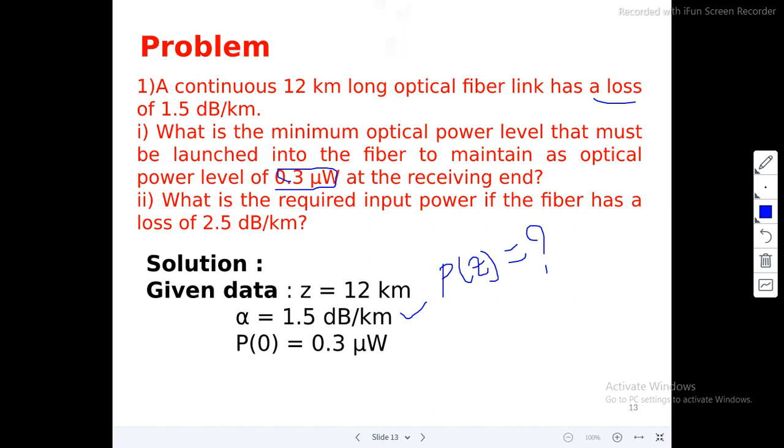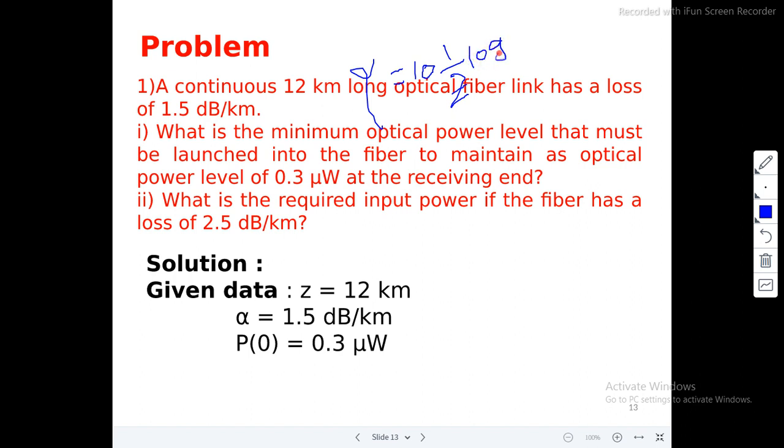You know the standard formula for the attenuation constant: alpha is equal to 10 into 1 by Z into logarithm of P of 0 by P of Z, where P of 0 is the input power and P of Z is the output power.